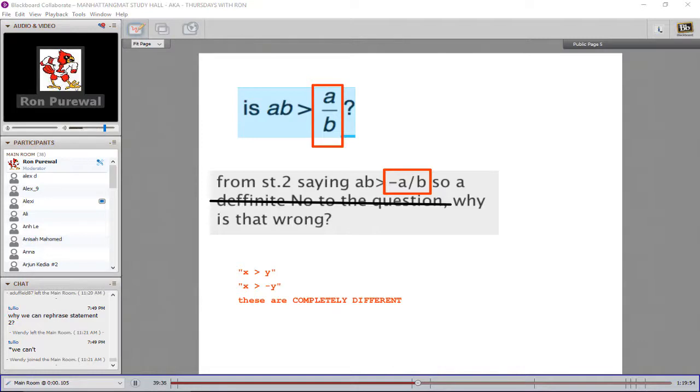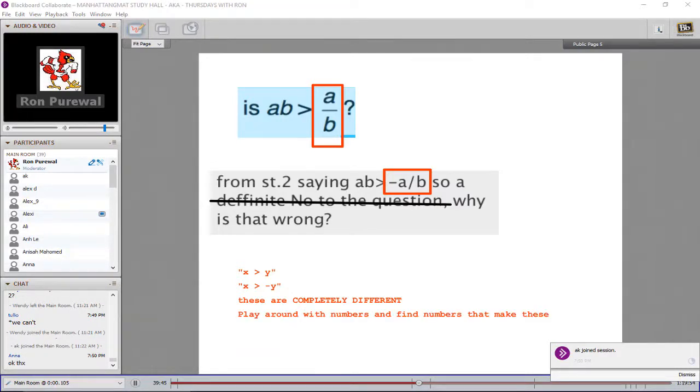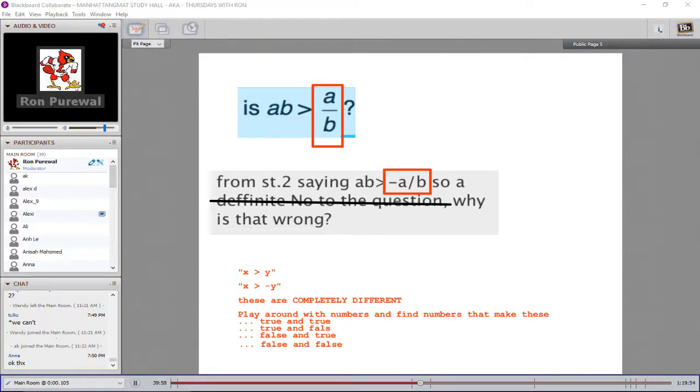So just play around with numbers at home and find numbers that make these true and true, true and false, false and true, and then false and false. You should be able to do all of those.